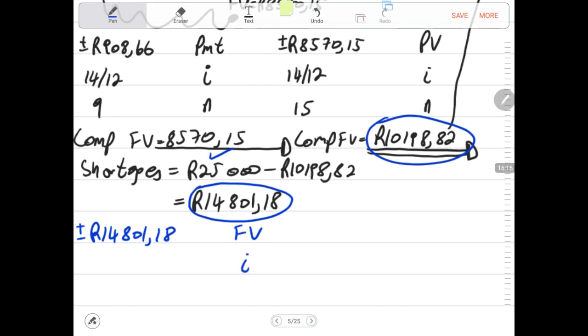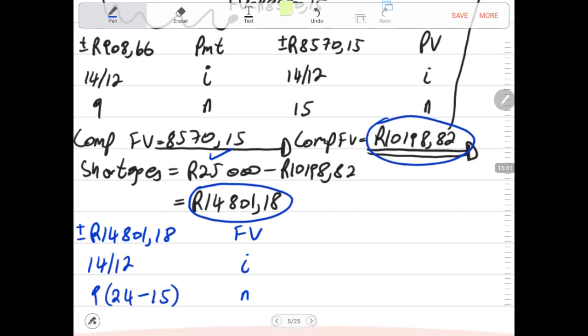Then we say the interest will be 14 over 12, and our n, the number of months, is 9 months, and we know that is 24. We are starting in month 16, that means minus 15. We don't need 15, we want from 16.